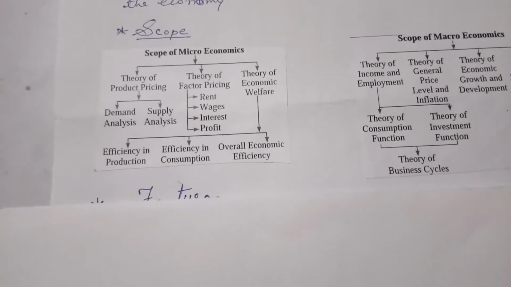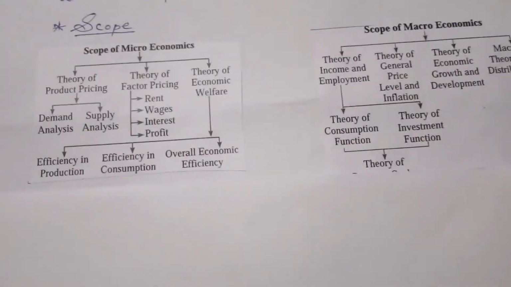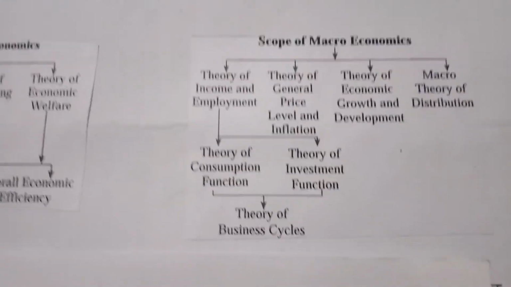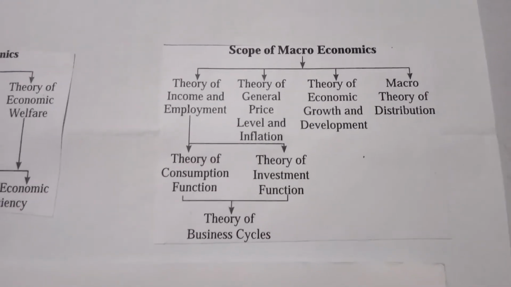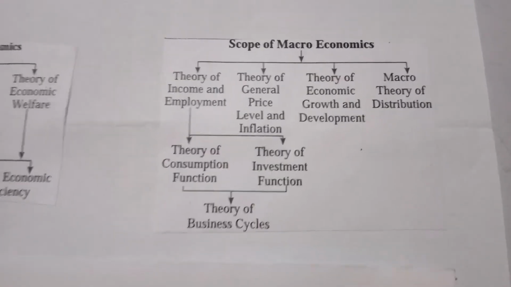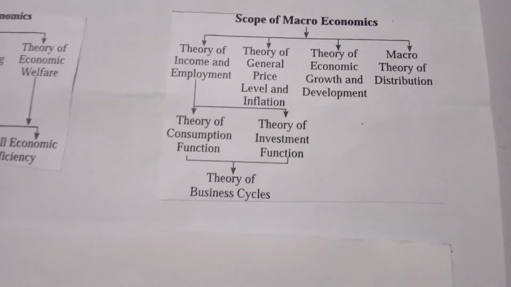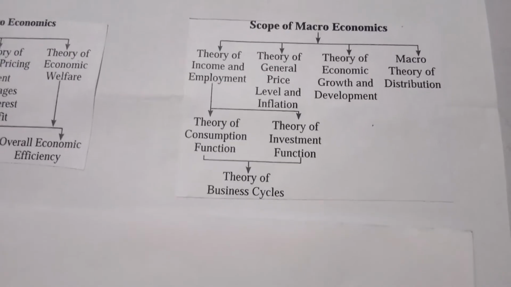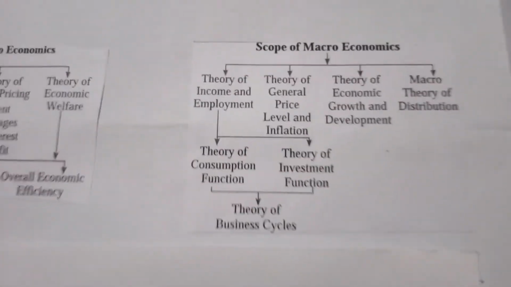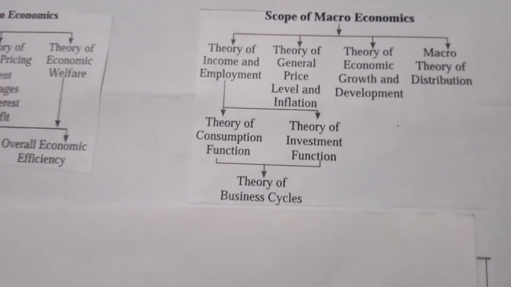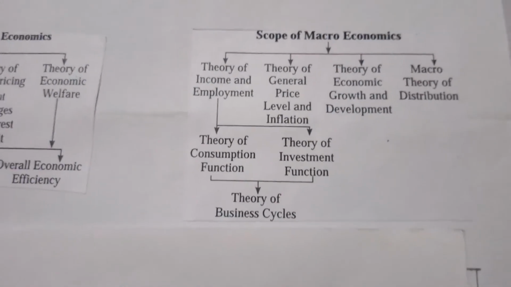Now, just opposite of that, macroeconomics is the theory of income and employment. Theory of income and employment: everybody knows that there are unemployed cities. So it shows the whole unemployment, otherwise the whole employment of the nation.